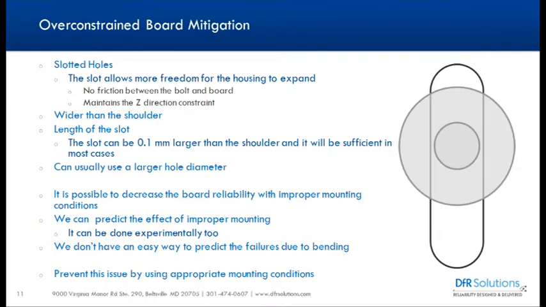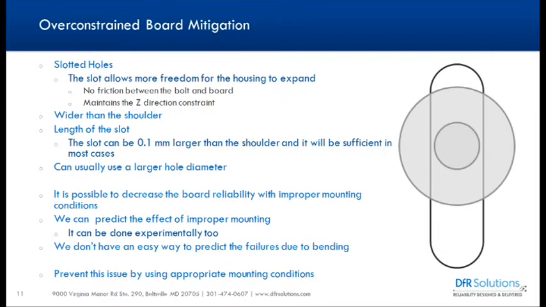You make a slot, and for large boards that usually expand in one direction, out from the center or out from wherever you're mounting it to the case, wherever you have the hard contact, you are basically creating a slot that allows the board to expand more in one direction than the other.